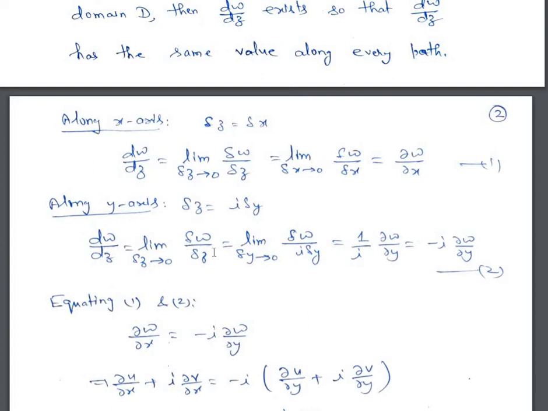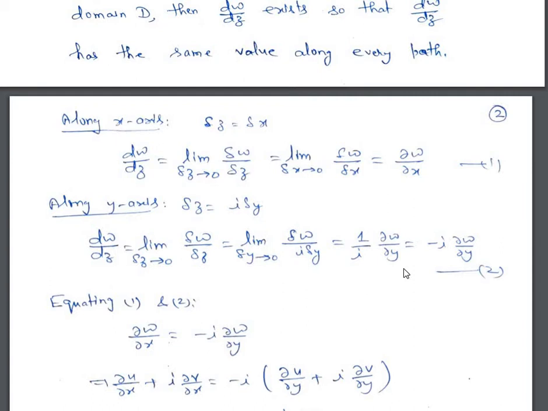Now in place of delta z, we write here i times delta y. Multiply and divide by i, so in the denominator we shall have i squared. And what is i squared? i squared is minus 1. So this is equal to minus i times del w/del y. This is equation number 2.